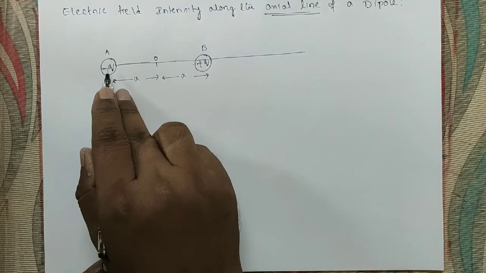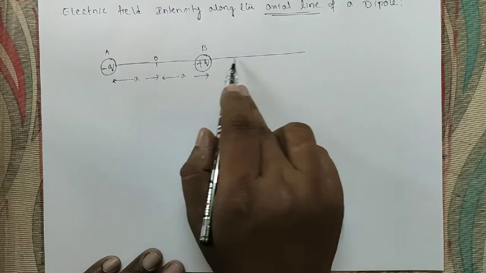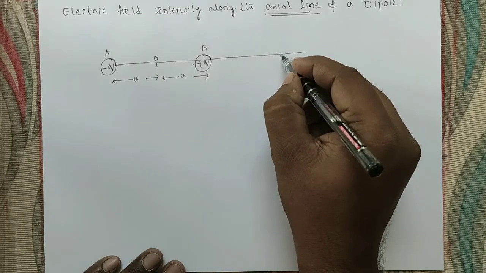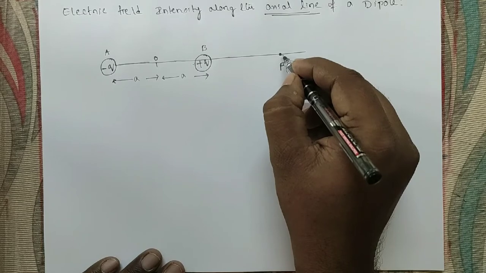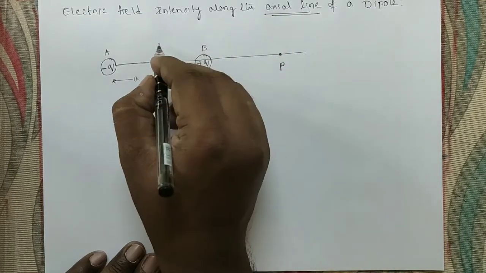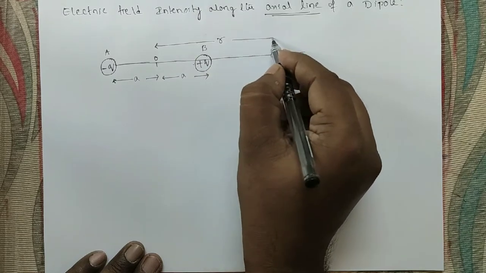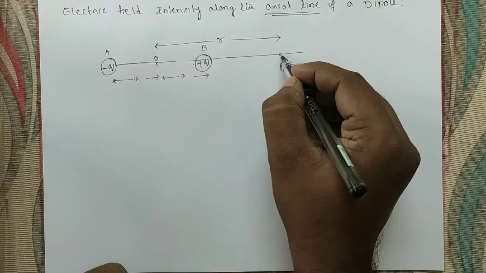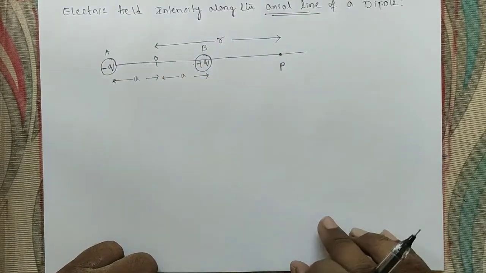The axial line is the line joining the two charges. On this axial line we assume a point P, at a distance R from the center of the dipole. At this point P, we need to determine the electric field intensity due to these two charges.